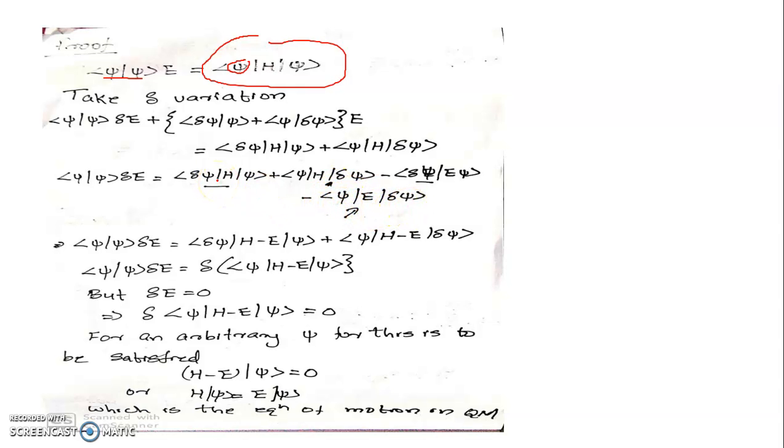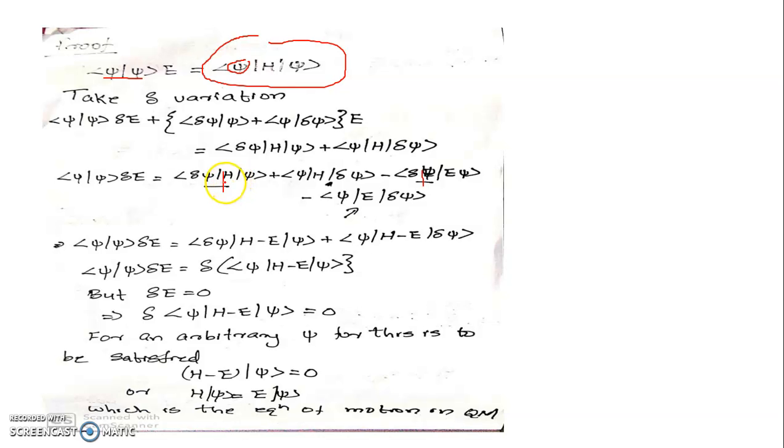Now we can combine this term with this one, and these two terms can be combined to make this equation as scalar product psi psi into delta E equal to scalar product delta psi. You have these two terms exactly identical with the delta variation for the wave function in the adjoint ket space.